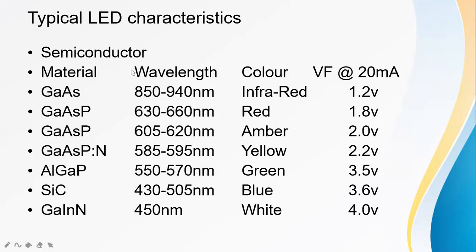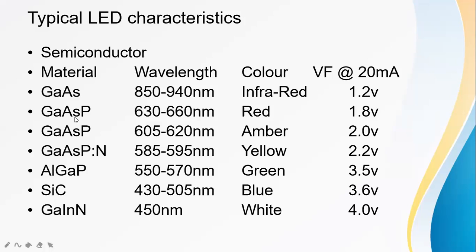See, these are the typical materials used in LEDs for illumination in different colors. Suppose the material is gallium arsenide, the color is infrared. The wavelength of this light is 850 to 940 nanometers, and the forward voltage is 1.2 volts.